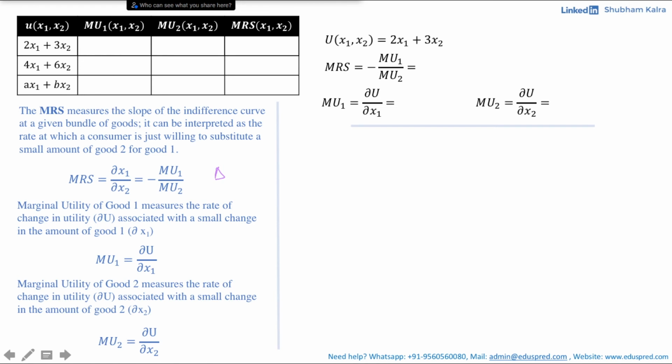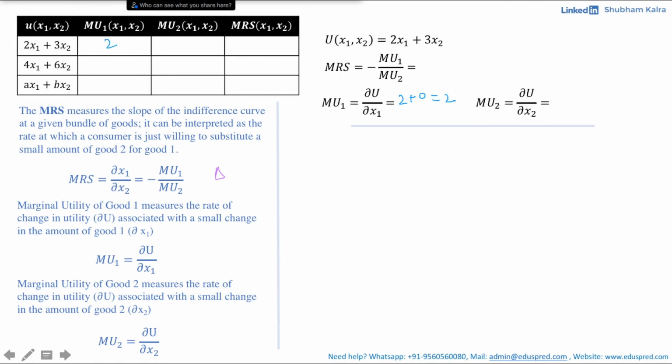That is, I have to partially differentiate the utility function with respect to good 1, and for that I have to keep good 2 constant. So this becomes a constant, hence this would be 2 plus 0, as the derivative of a constant is 0, so the derivative would be 2. So your MU1 is now 2.